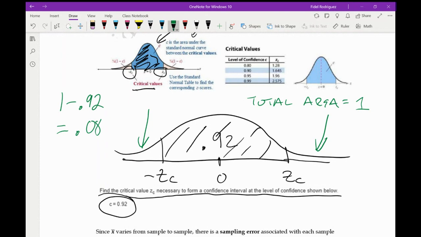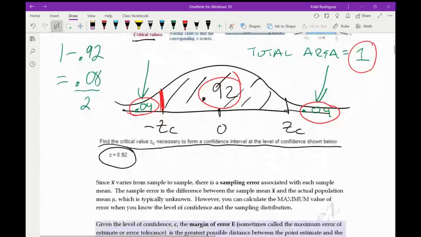Because my graph is symmetric, I'm going to take this number and divide it by 2. That's telling me the area right here is 0.04, and the area right here is 0.04. If I were to add these three numbers together, I'd come up with 1. Now I want to find what this value is going to be right here.